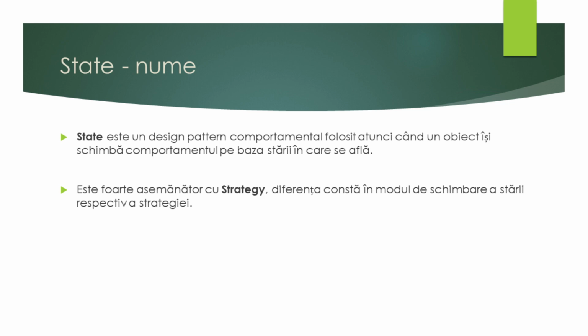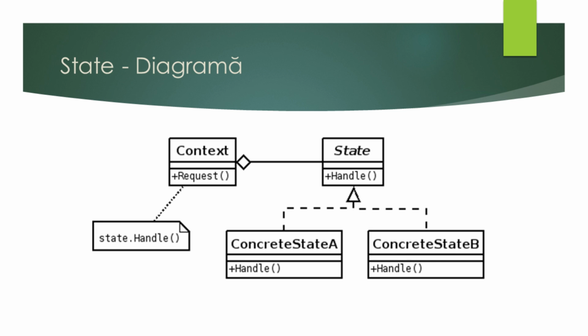But with the state pattern, the changes tend to bubble up from inside the object itself. It's reacting to internal events or transitions. Strategy, you could say, is more like something external telling the object which strategy to use right now. State is more intrinsic. The object manages its own state transitions. Okay. So internal change versus external direction.